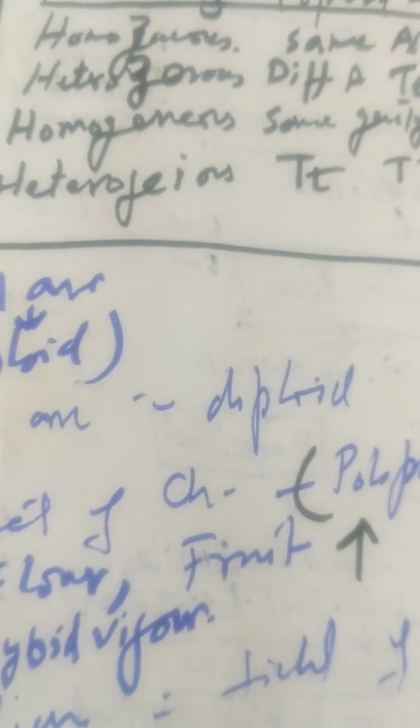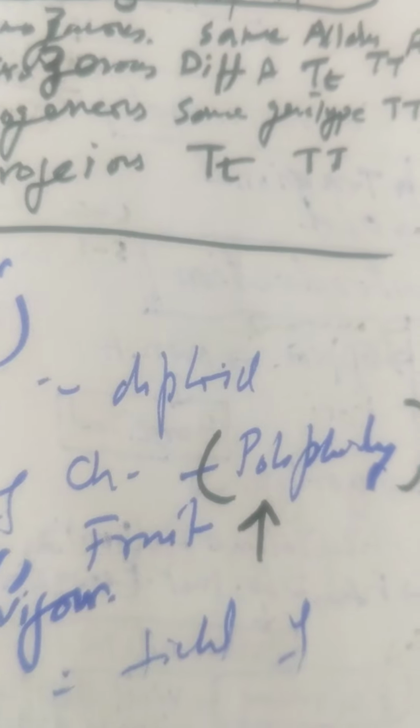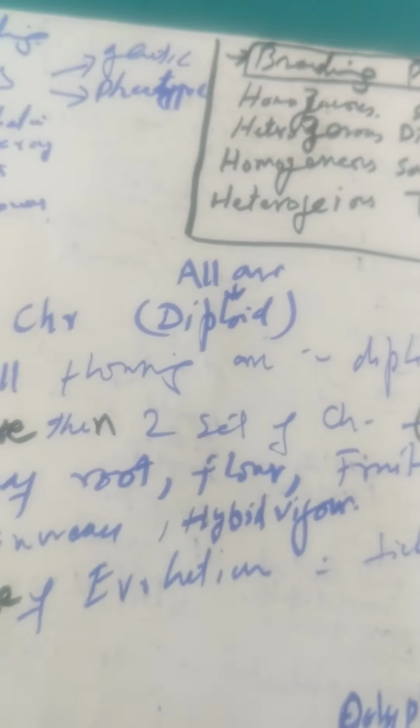Similarly, a homogeneous population is a population having the same genotype, and a heterogeneous population is a population having different genotypes. So this was all about the breeding population.